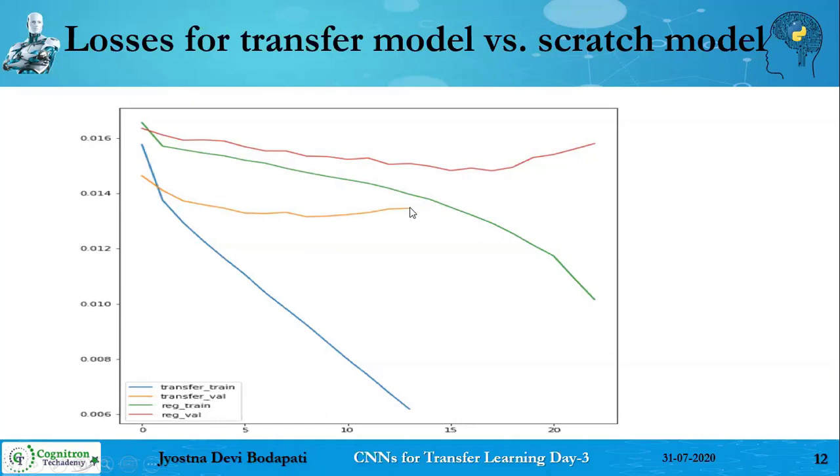The orange line is the one for the validation loss. And these two lines indicate the models that are trained from scratch.